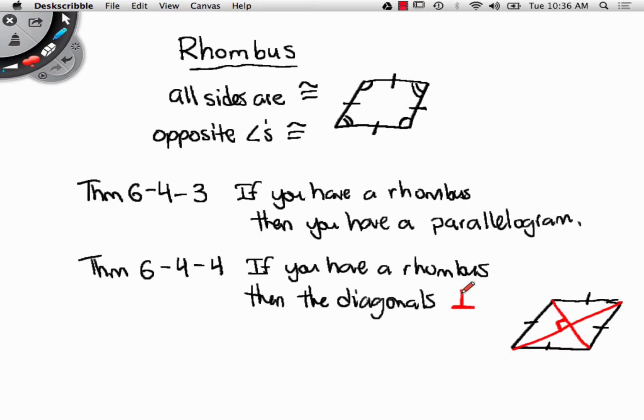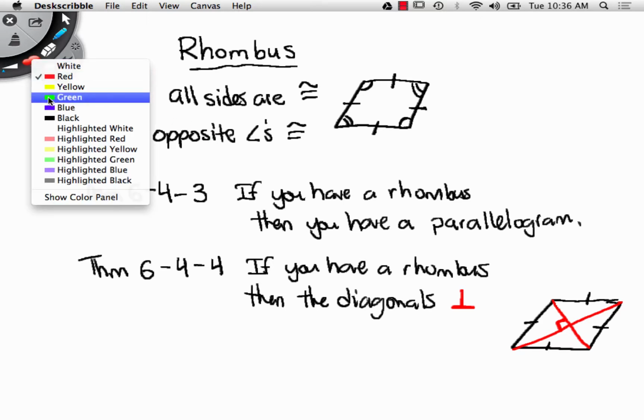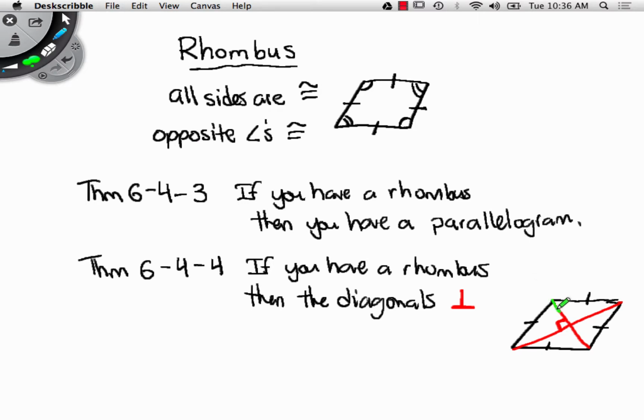And one of the things that you'll need to know how to do as a geometry student is to be able to look at the picture of a rhombus and say, hey, I know that the diagonals have to be perpendicular. And the reason why that's useful, Elena, is because if the diagonals are perpendicular, then I can use the Pythagorean theorem on any of those little triangles located in that rhombus.